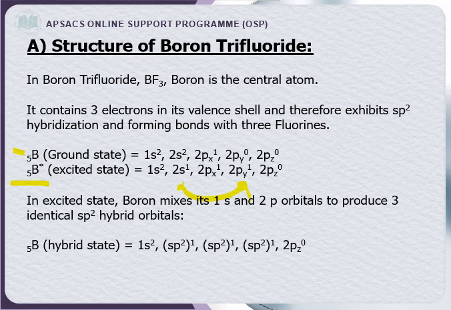The mixing of these three orbitals, namely 2s, 2px and 2py, takes place. They join together to form three sp2 hybrid orbitals, leaving behind one p orbital that keeps its original dumbbell shape.